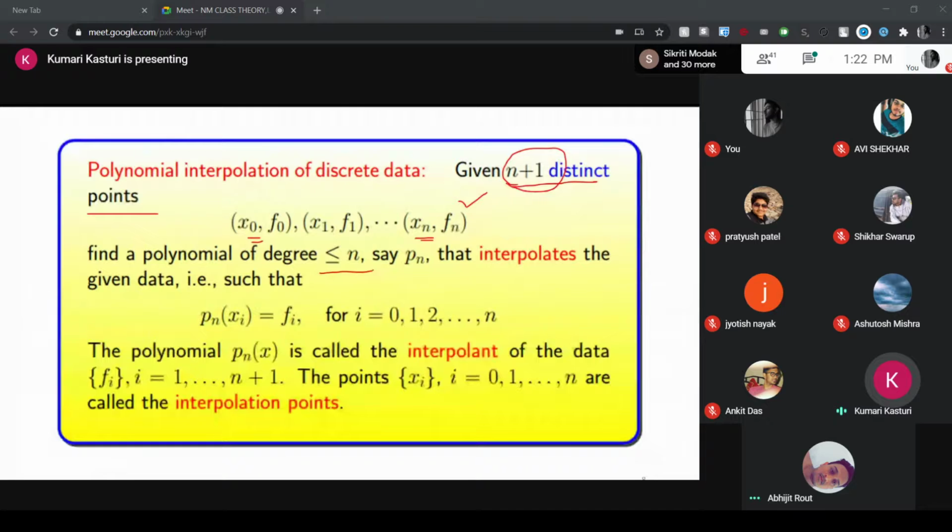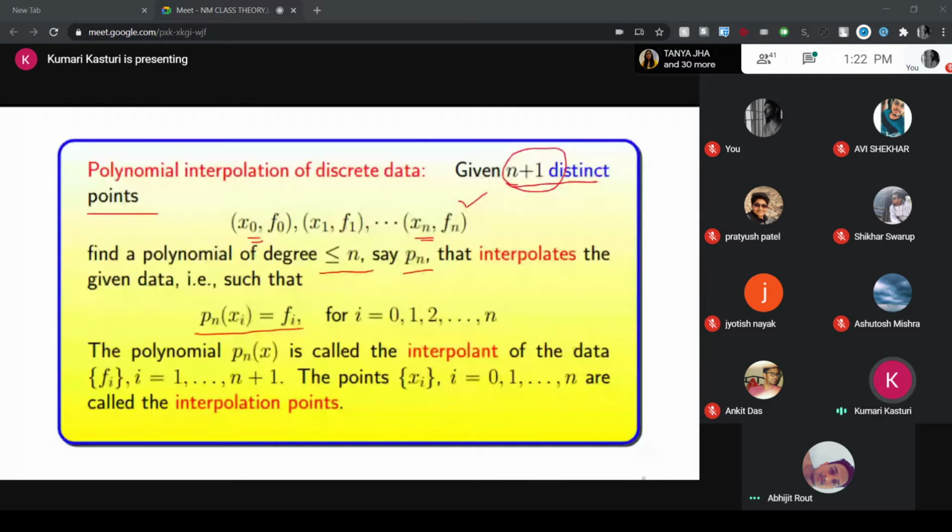Already we have discussed that if the data set has n number of data points, your polynomial degree should be less than that, right? So that is equal to Pn. Then we can say that Pn of xi is equal to fi.